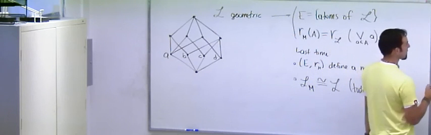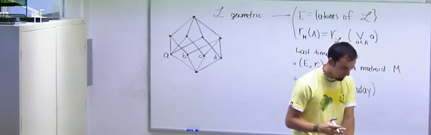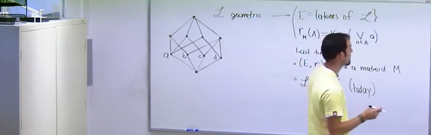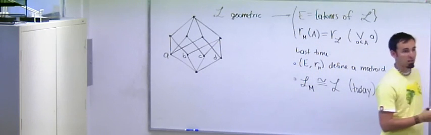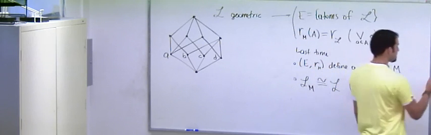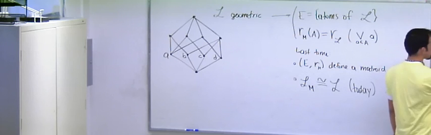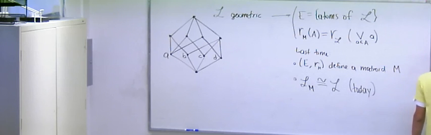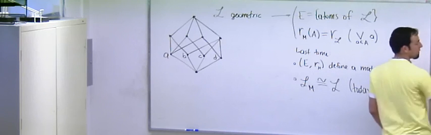Okay. And so what I want to show today is that, now we have a map from the lattice to the lattice of flats of the matroid, and I want to show that this is actually an isomorphism. And to show that it's an isomorphism, I need to show two things. The first thing is that this map is bijective, so it actually is a bijection of sets.